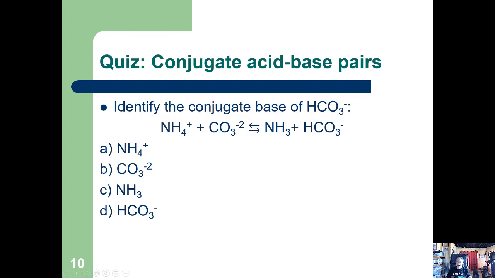Now remember, conjugates can be on either side of the reaction arrows. You're not necessarily pinning conjugates on the product side or the reactant side. They can be on either side. Every acid will have a conjugate base. Every base will have a conjugate acid on one side or the other.